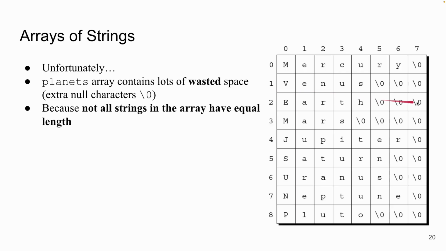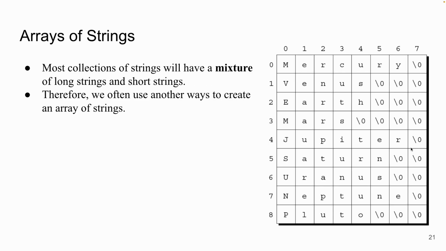Because you can see we have a lot of extra null characters. For example, for Mars, I only need 4 and 5 characters, so I waste the space for these 3 characters in the 2D array. So this is not the most efficient way to use computer memory because you occupy space that is unnecessary. And the reason is that not all strings in the array have equal length.